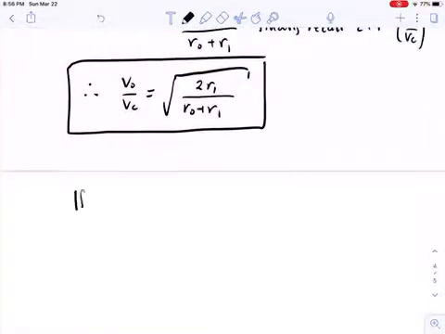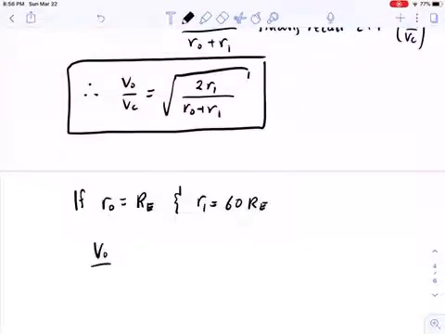And so we say if r0 is equal to the radius of the Earth and r1 was equal to 60 times the Earth's radius, then we would say v0 over vc would be equal to the square root of 2 times r1, which would be 120 times the Earth's radius, and then r0 plus r1 would be 61 times the Earth's radius.